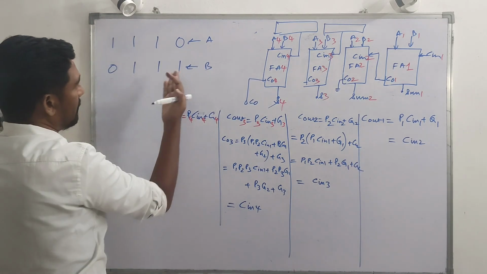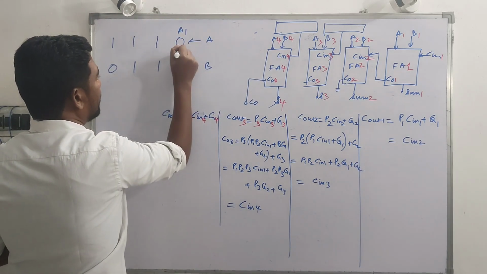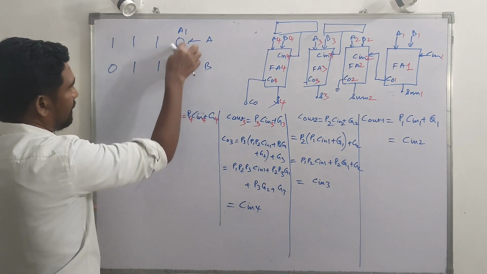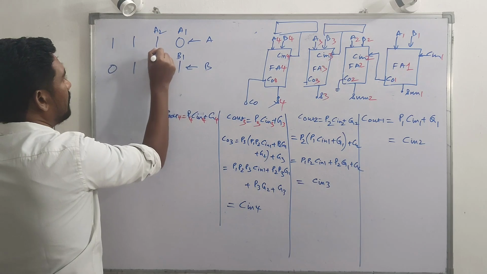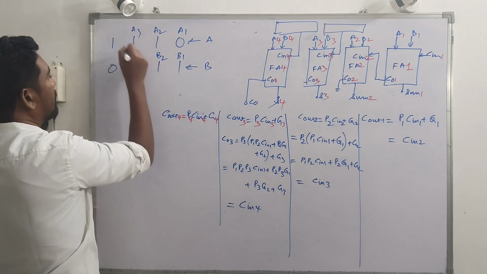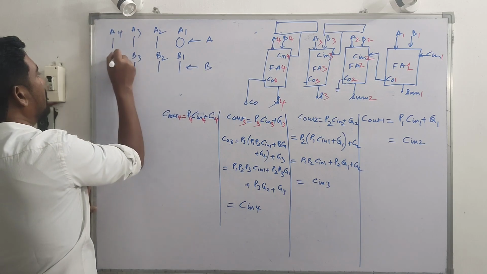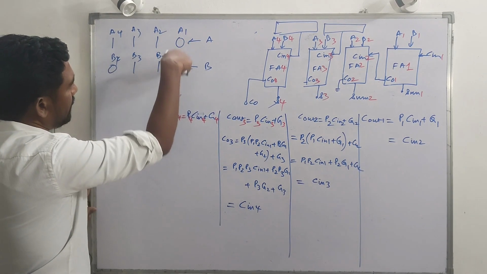Moving from LSB to MSB, this one will be A1, this one will be B1. A1 is 0, B1 is 1. This will be A2, B2, then A3 and B3, A4 and B4. Alright, so we're going to need the exclusive OR operation and AND operation.